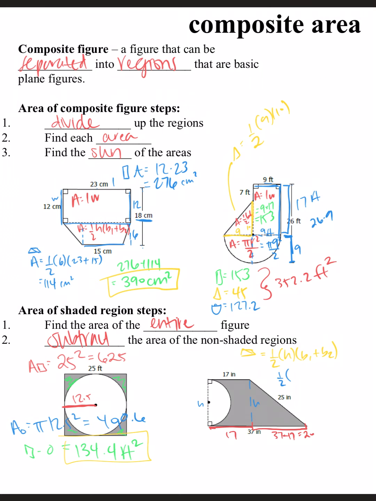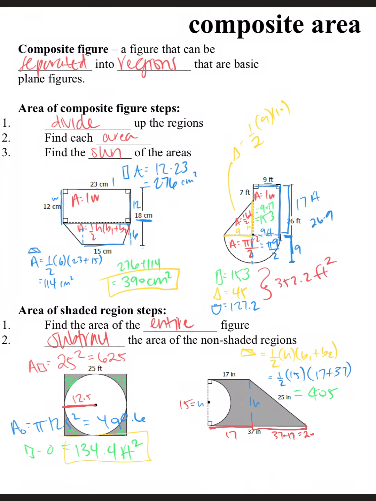Then I can do a squared plus b squared equals c squared to get the height, which ends up being 15. So I'm going to use height 15, base 1 is 17, plus base 2. The area of my trapezoid ends up being 405.